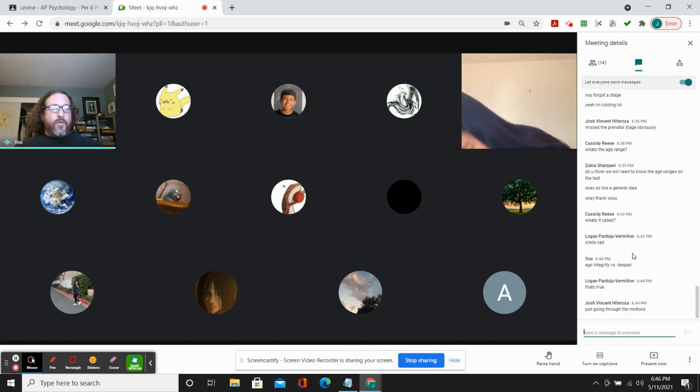You definitely need to know the difference between the three of them, and even within each one, the difference that takes place between stage 1 and 2 in pre-conventional, and stage 3 and 4 in conventional, and so on. I'll tell you the names, but I don't think you really need to know them. But you do need to know the main three.